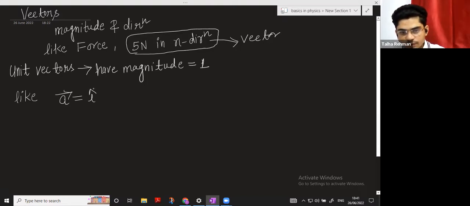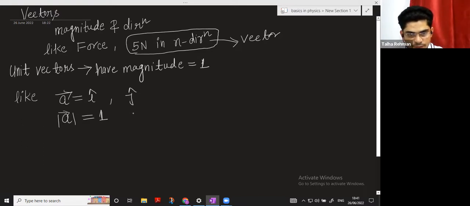And if I calculate the magnitude of this vector, we represent the magnitude like this with mod. So this will be equal to 1. Similarly, for j cap, the magnitude is 1.